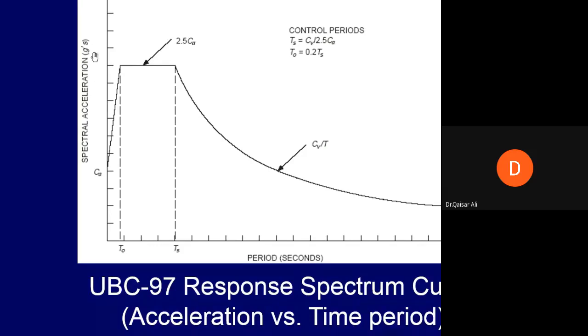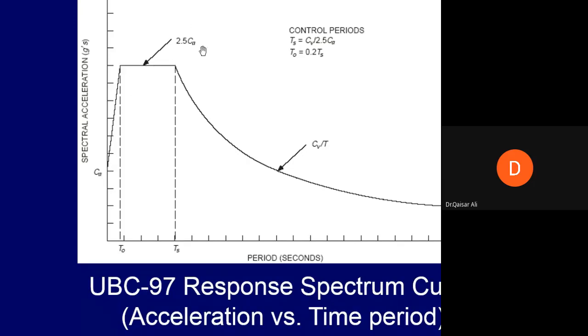So the spectral acceleration is equal to 2.5 times CA, and CA is basically the peak ground acceleration, if you are aware of this terminology from the seismology course. So 2.5 times of this is this value, 2.5 CA.